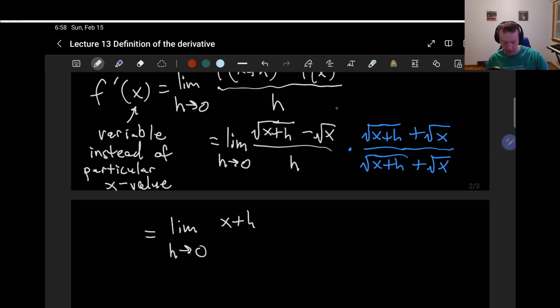And then it's a minus x when you square that square root of x. Now the denominator is going to be a little messy, but this is actually okay.